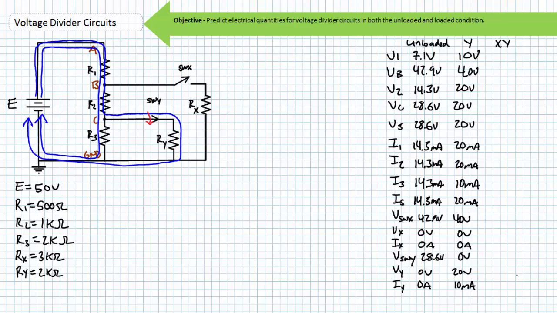Consider now what happens when we close switch X. This is again a completely different circuit than our previous unloaded analysis and when the voltage divider circuit was loaded only by the load resistor Ry. In this case, bleeder current still travels through R1, R2, and R3.